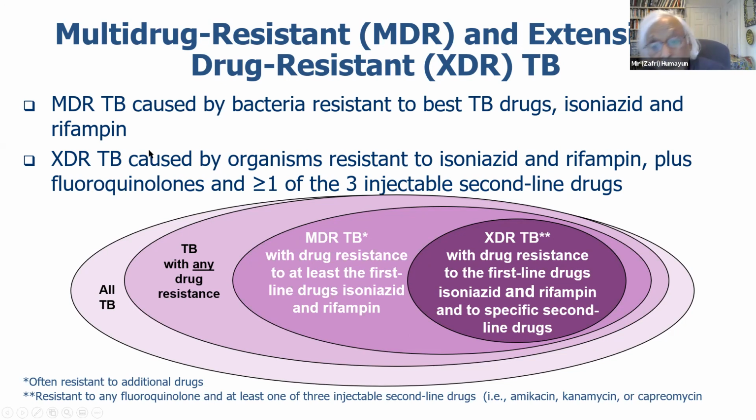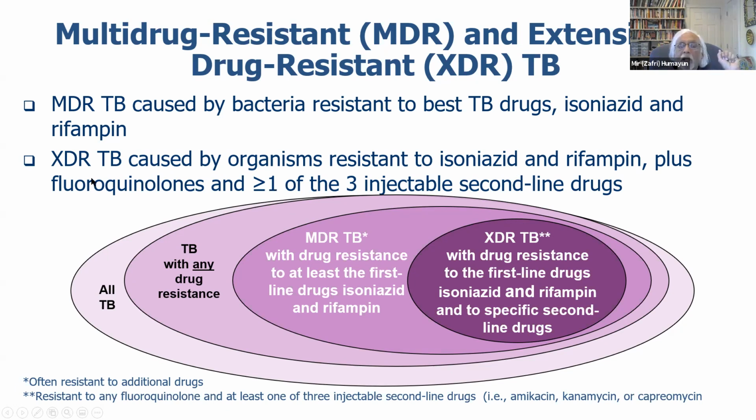XDR, on the other hand, is when an organism has not only resistance to isoniazid and rifampin, but it also has resistance to a fluoroquinolone plus at least one of the so-called injectable second line drugs. So for MDR, we're talking about resistance to two.